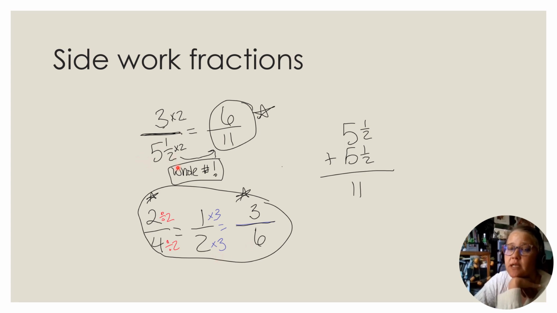So if you run into something nasty like a 5.5 in your denominator, you want to multiply that by 2 or 3 or 4, depending on whatever you need to get a whole number. That's how we found that 3 over 5 1/2 is equivalent to 6 over 11.